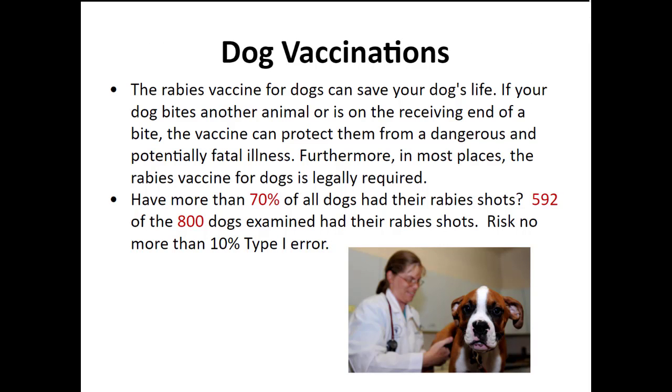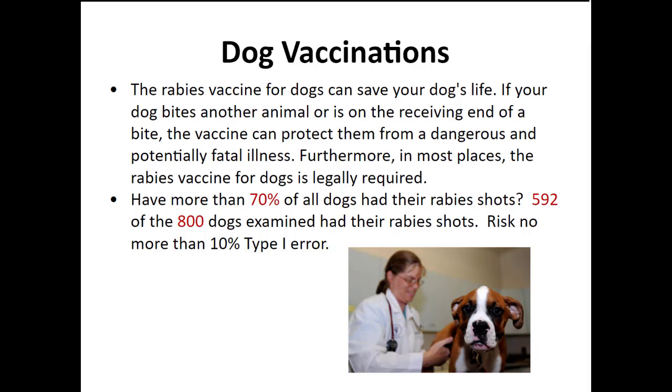Today's example is dealing with dog vaccinations, because you know I love dogs. So I had to give them a shout out. The question says, the rabies vaccine for dogs can save your dog's life. If your dog bites another animal or is on the receiving end of a bite, the vaccine can protect them from a dangerous and potentially fatal illness.